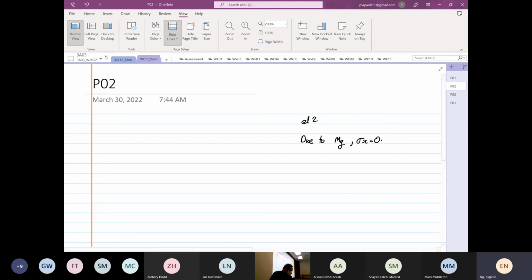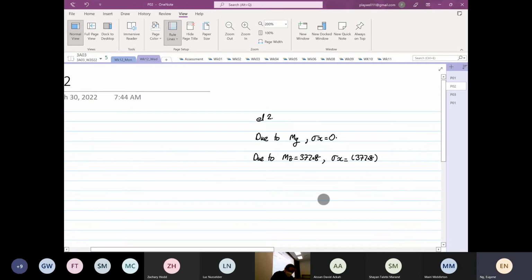Now, due to Mz, which is equal to 372.8, the stress in X is equal to 372.8 multiplied by 26 times 10 to the power minus 3, divided by the second moment of area, 358.908 times 10 to the power minus 9.